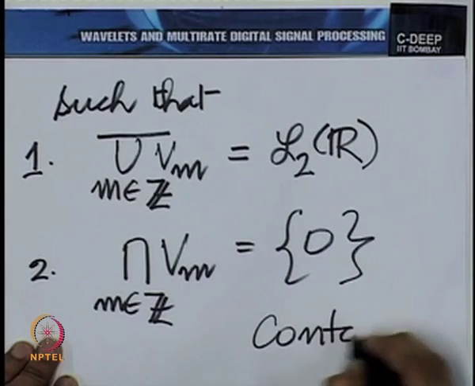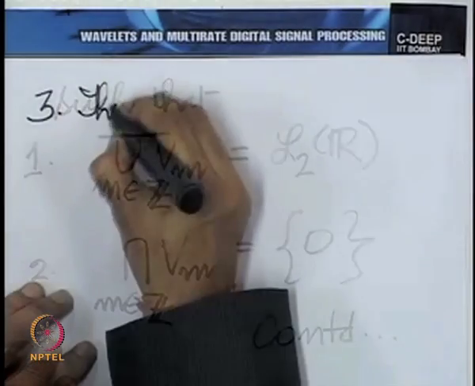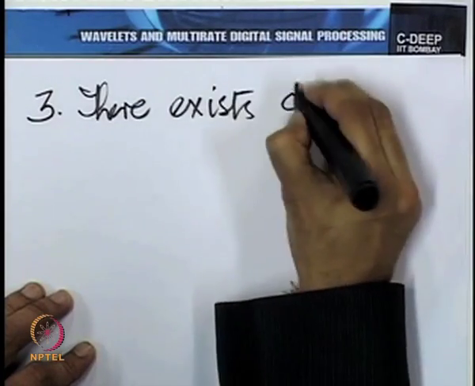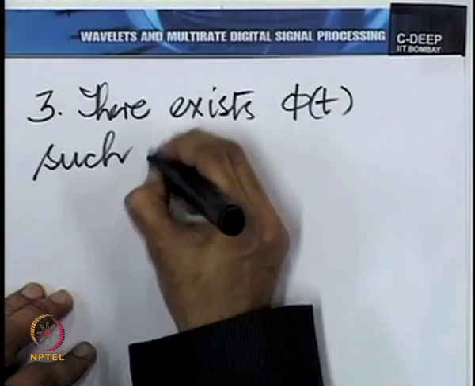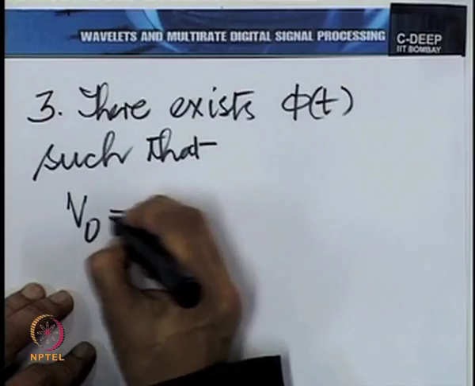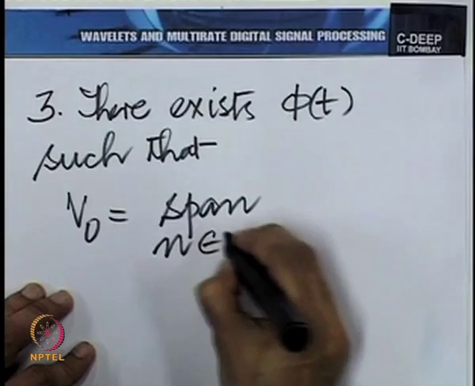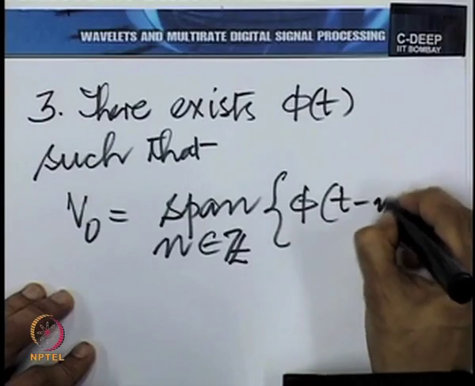These are not all. Further, there exists a phi(t) such that V0 is the span over all integer n of phi(t minus n).